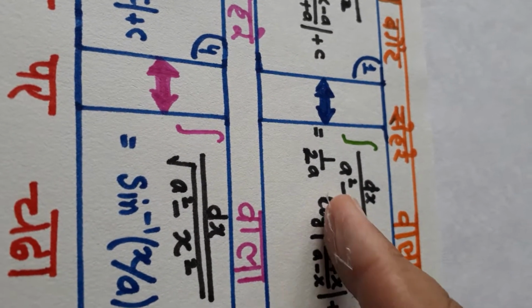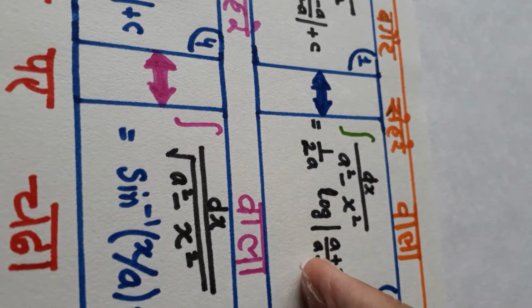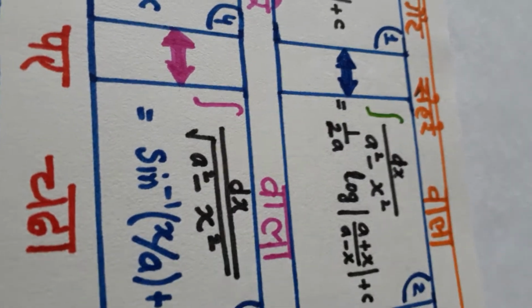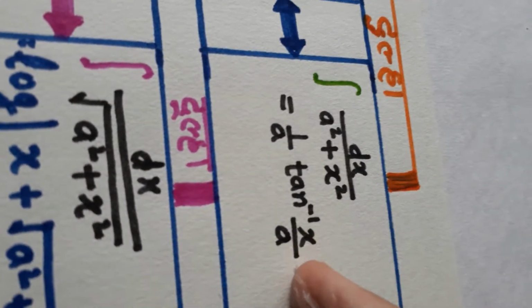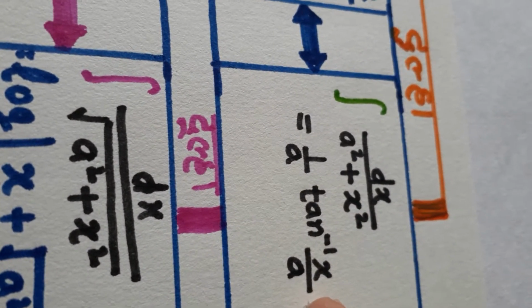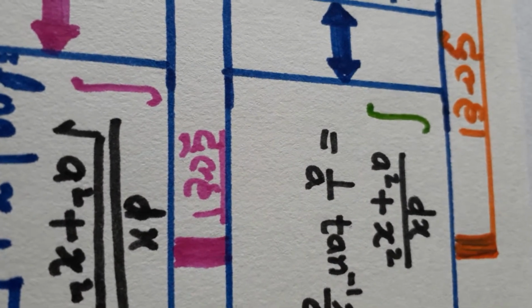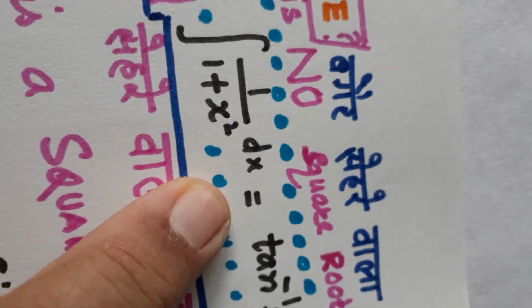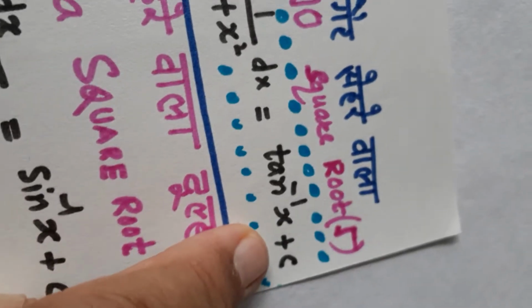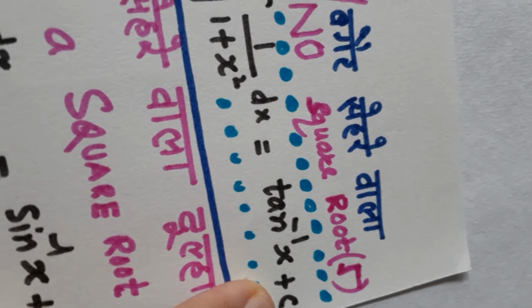So in this case, the factors are a plus x and a minus x. Now, in the third case, this is in terms of inverse. Now, why is it in terms of inverse? As we know that integration of 1 over 1 plus x square is tan inverse x plus c.